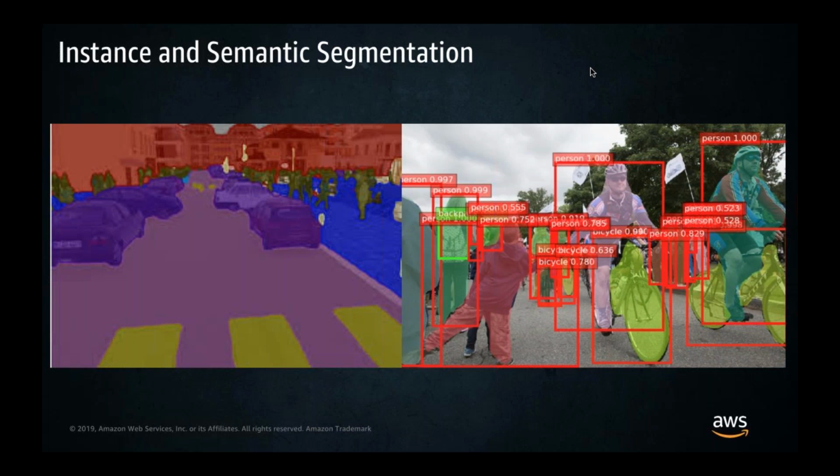So for instance, in this case, we have pixels classified as a car, road, person, building, or sidewalk. The image on the right illustrates the concept of instance segmentation. The algorithm is instance aware, meaning the algorithm, for example, can identify each person in the image as a different entity, and it classifies each instance at the pixel level.